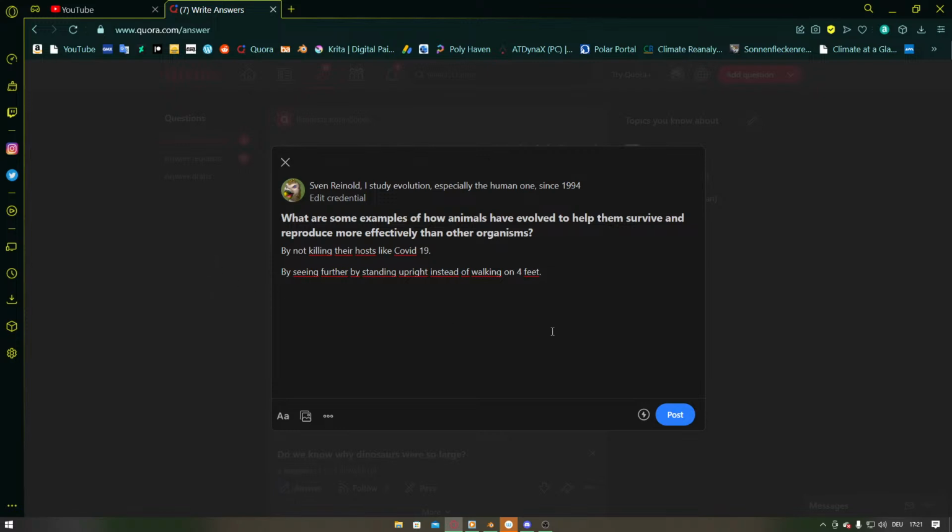For example, let's see, is there something by using tools to get to food, like using sticks in a termite hive, or by cracking bones with a stone for the marrow.